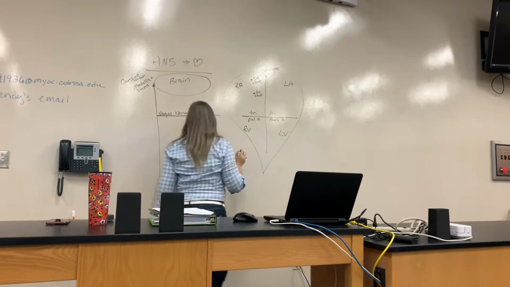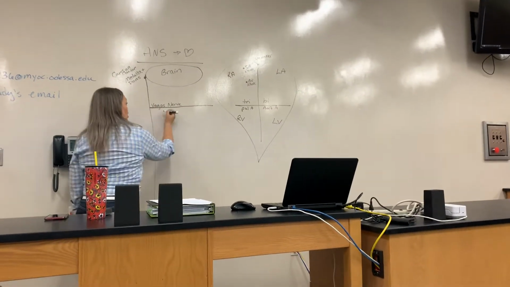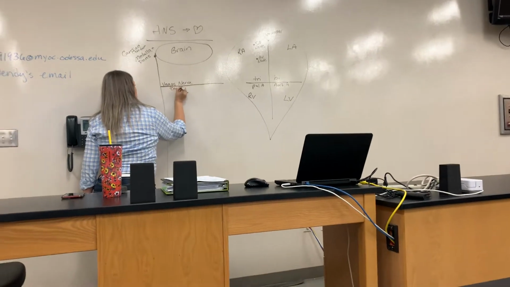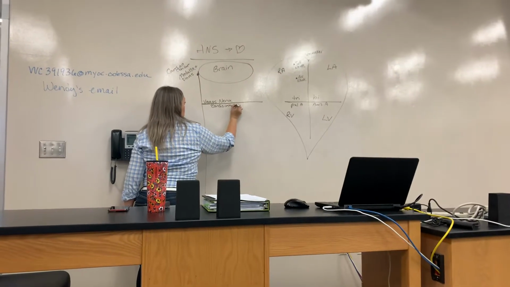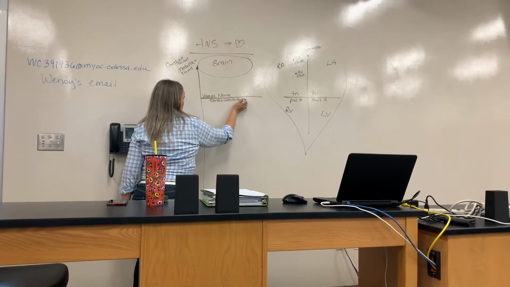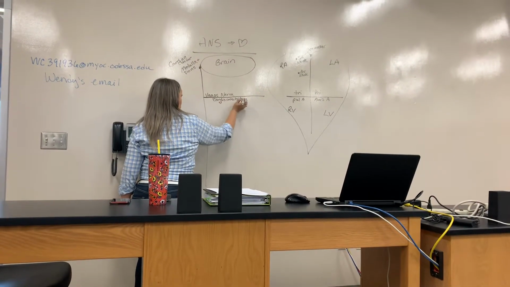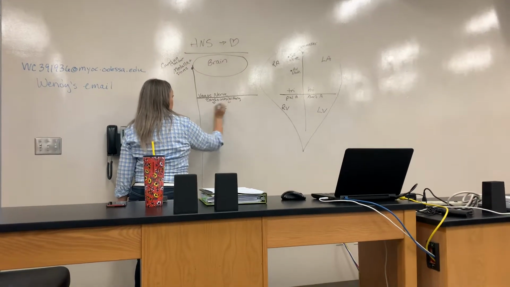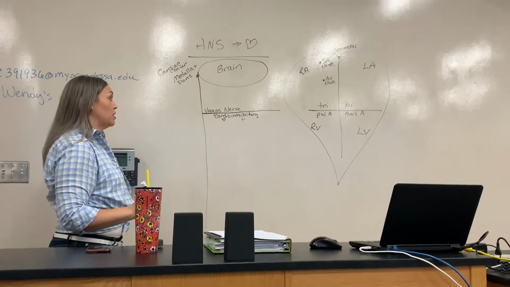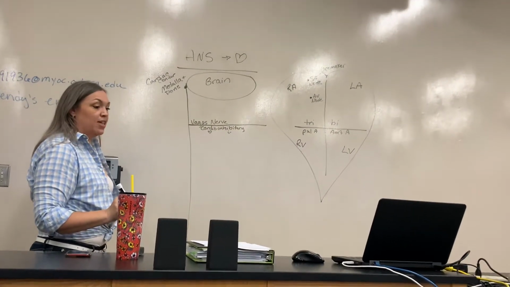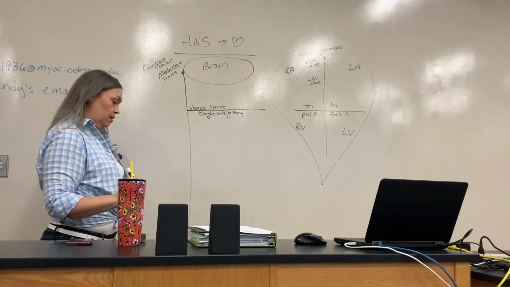Okay. So our vagus nerve was cardio what? Inhibitory. Which means we're going to slow the heart down. So what kind of response was this? Is it a sympathetic or a parasympathetic?